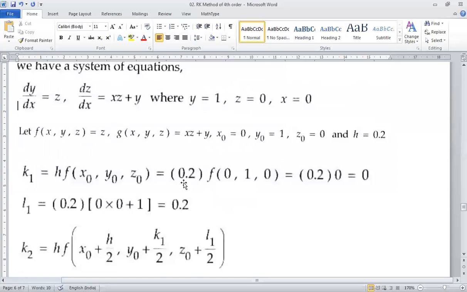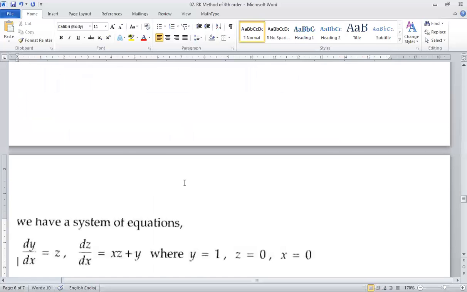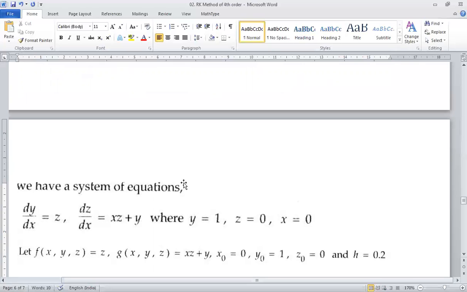So now we have two simultaneous equations. The first equation is dy by dx is equal to z, and the second one is dz by dx is equal to xz plus y. We have y is equal to 1, z is equal to 0, and x also equal to 0. Let's start.